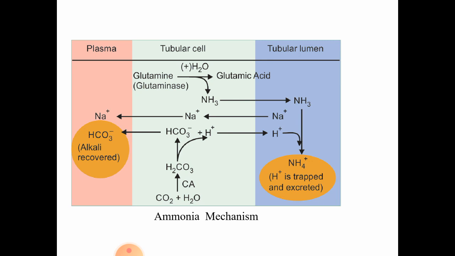This hydrogen will combine with ammonia. Here we are focusing on how this ammonia reaches the tubular lumen: the amino acid glutamine is hydrolyzed by the glutaminase enzyme in the presence of water to form glutamic acid and ammonia, that is deamination of glutamine by glutaminase, and this ammonia reaches the tubular lumen.